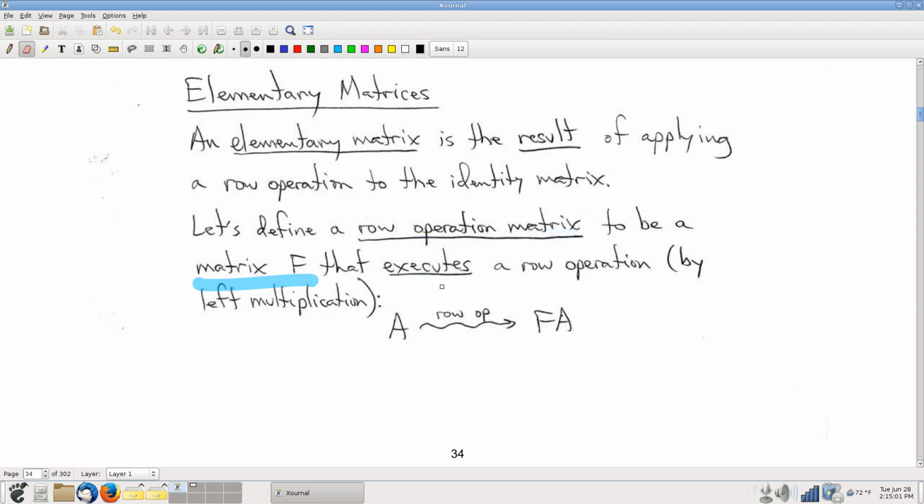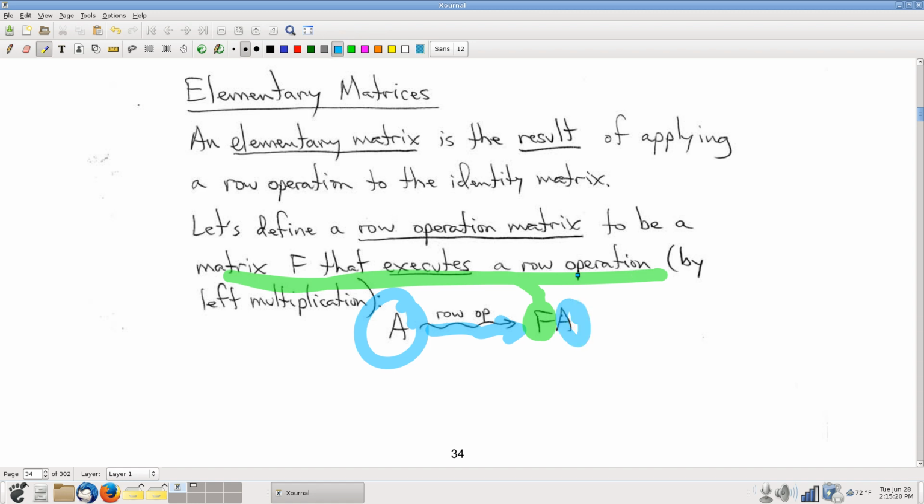So in particular, if you have some matrix A and you apply a row operation, you get some result. Well, that row operation, we will see momentarily, could have been executed simply by left multiplying that matrix A by some matrix F. And that matrix F is called a row operation matrix.